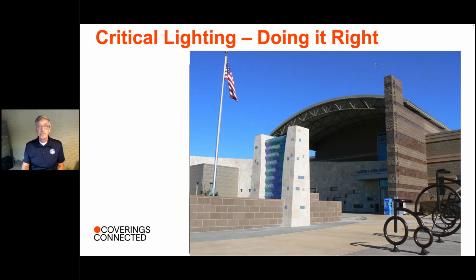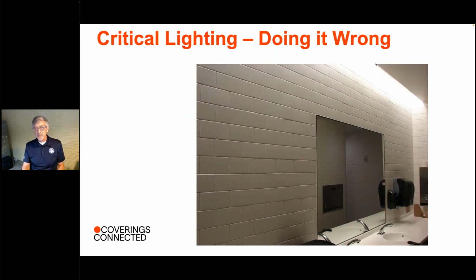What a fabulous job. But what about when things aren't done quite right, or maybe they're done just wrong? But sadly, we've all probably seen an installation like this one where we're looking at a wall right at eye level, of course, right at mirror level, and we see these shadows being cast from an adjacent tile to the next tile to the next tile, and those shadows are being cast by the light that's coming from above.